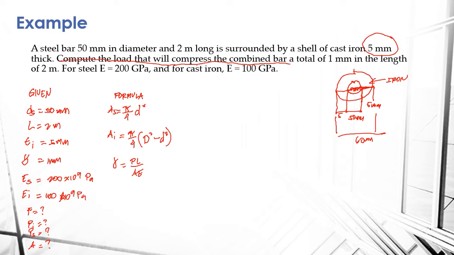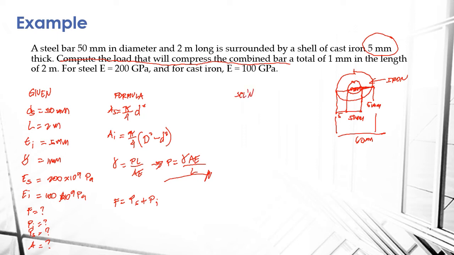Since the elongation is given, what we are looking for is P, the compressive force. So, P is equal to elongation times AE over L. That is our main formula. And finally, the force is equal to P steel plus P iron. Okay? Let us follow the solution.